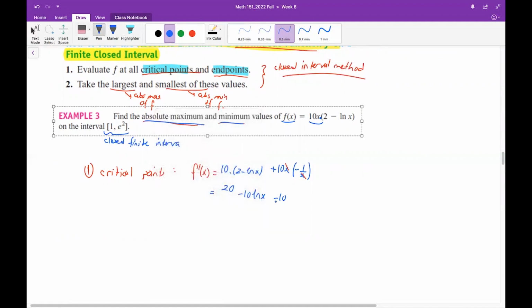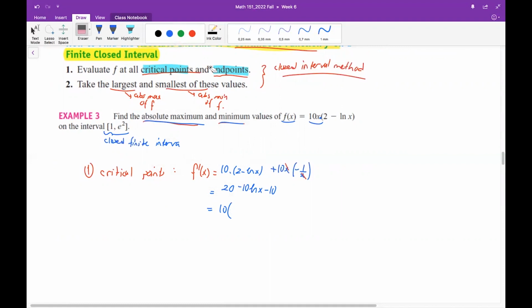So the first derivative function is 10 times parentheses, 1 minus ln x, and then we will search for the values at which this expression is 0.